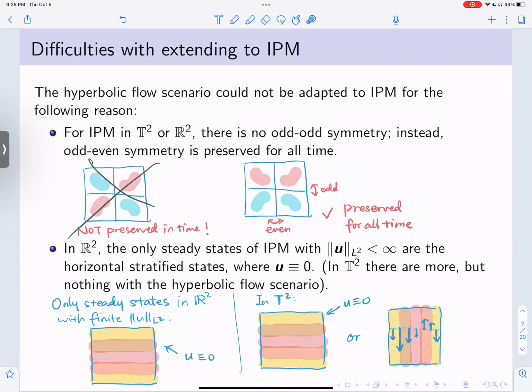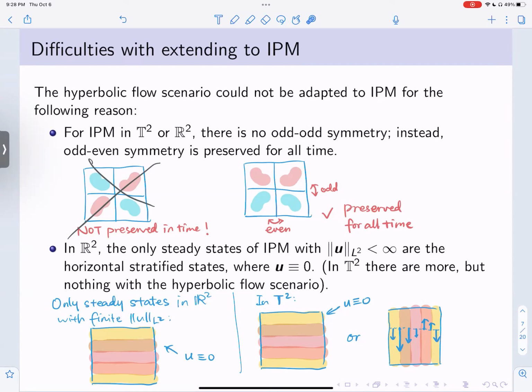If you plug that into the Biot-Savart law, because it has the partial x1 in front, it directly corresponds to a constant zero velocity field. So in R2, there is no steady state, even with a non-trivial velocity field, right? Not to mention whether particles are approaching each other along the trajectory or not. So that is the situation in R2.